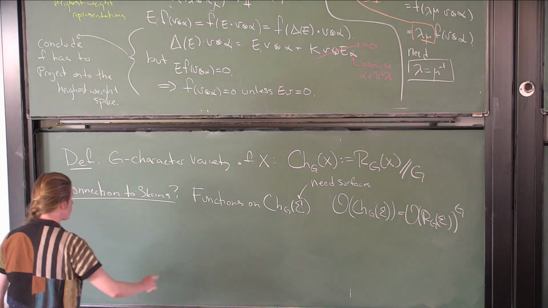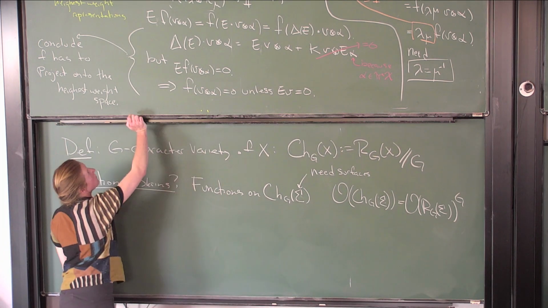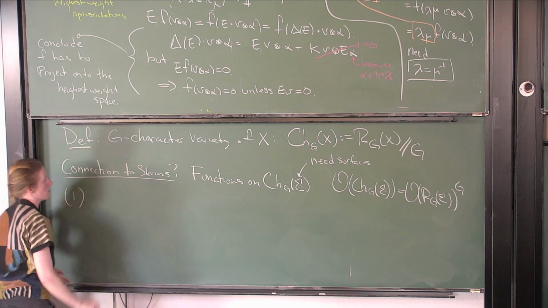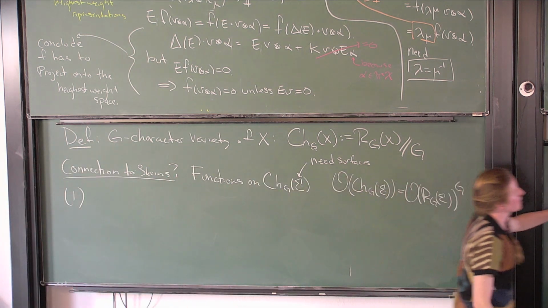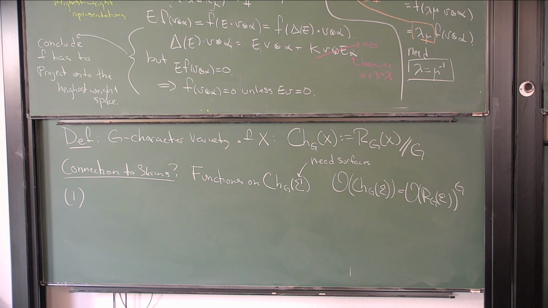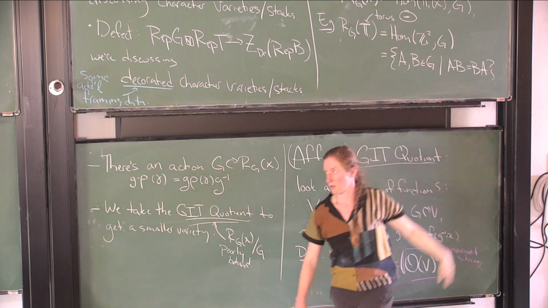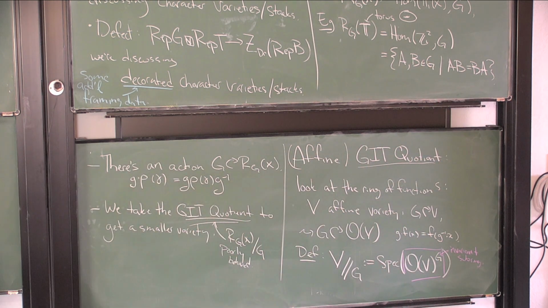So how would we start building functions like this? The representation variety is already some Hom space. If I want a function on a Hom space, there's a nice first thing to try: evaluation. So the first thing I'll consider is evaluation maps.